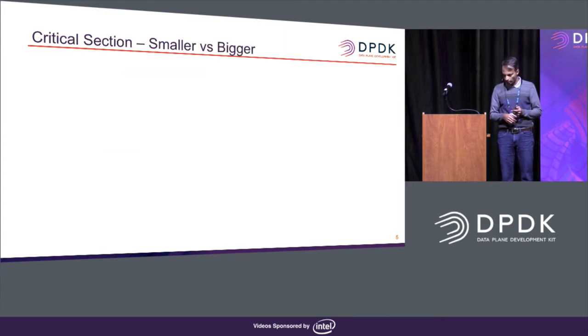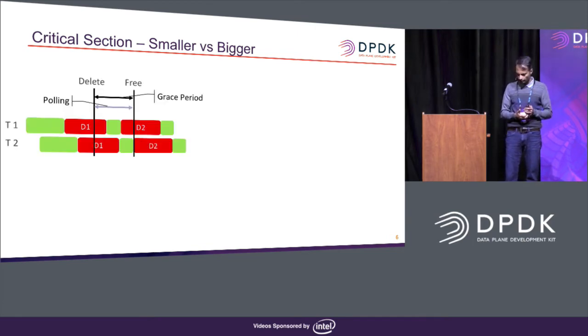So now, going to the critical section. How does a smaller versus bigger critical section affect memory reclamation? Here, you see that in the readers, you have smaller critical sections, which is good from the perspective of keeping your grace period smaller.